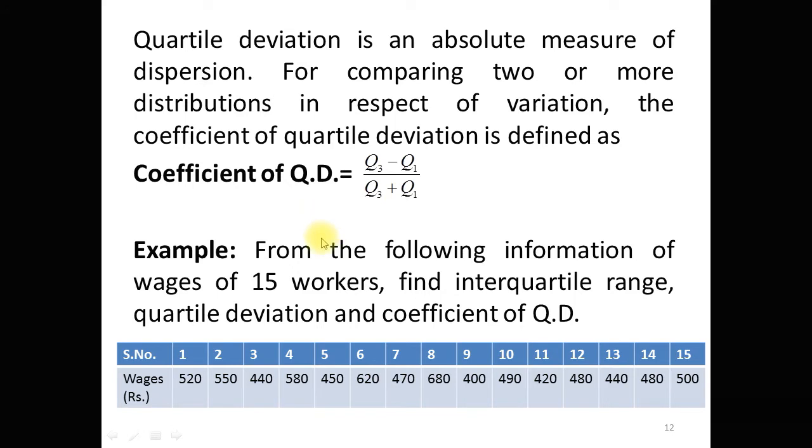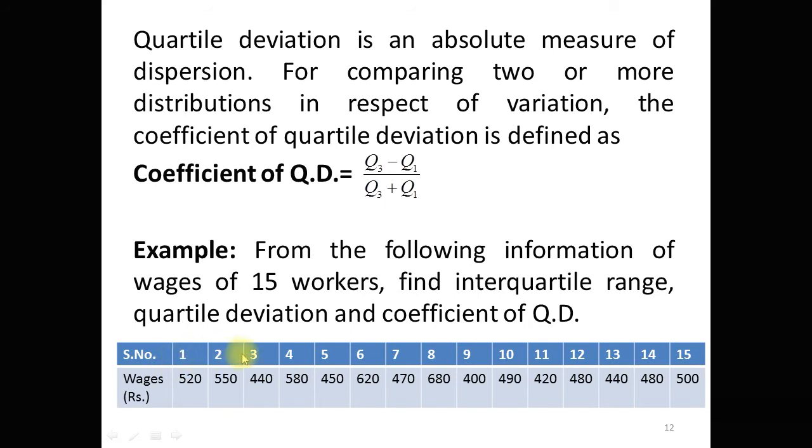For example, from the following information of wages of 15 workers, find the interquartile range, quartile deviation, and coefficient of quartile deviation. So in this problem, dear student, you see over here, this is the serial number.